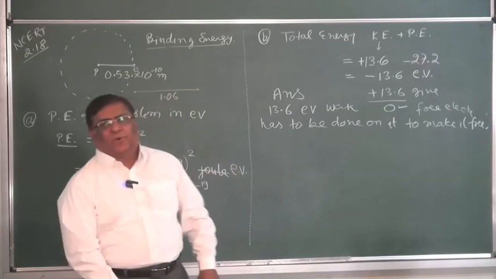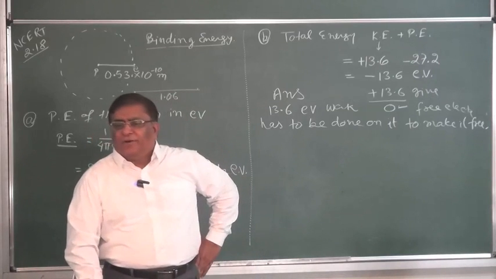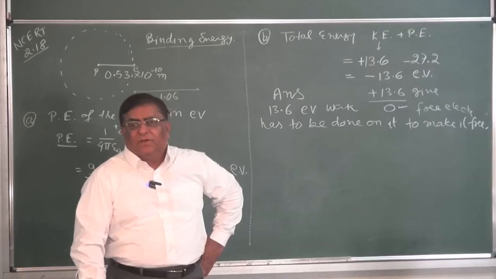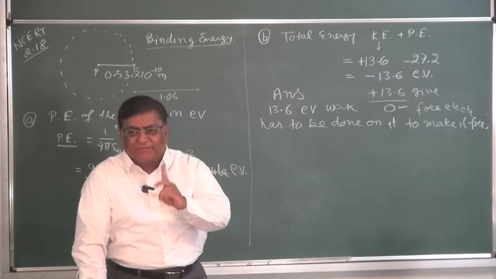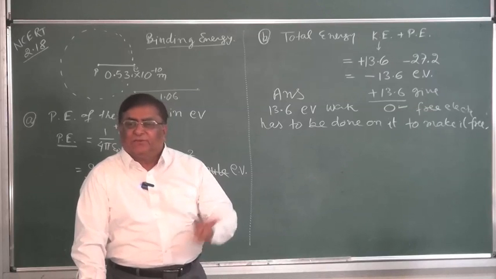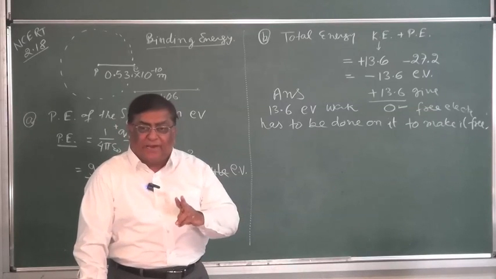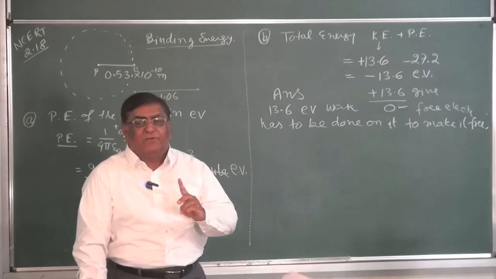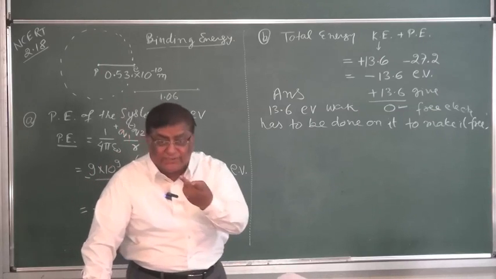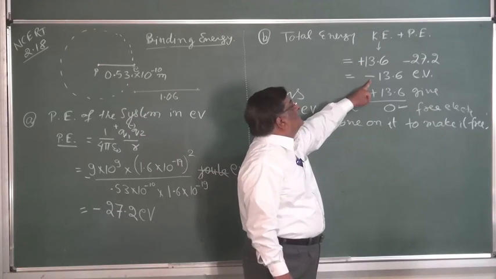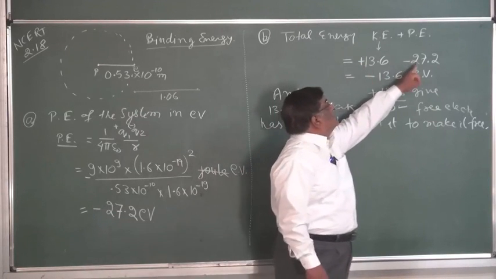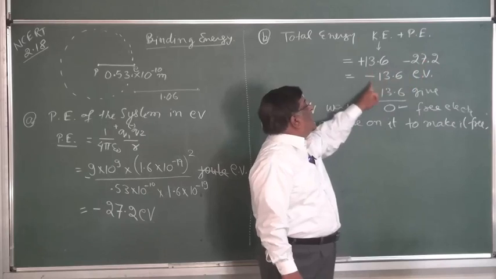Okay, so this is the process you should remember, and according to this process, you can find out potential energy. Half of that is kinetic energy, but the sign is plus. The total energy is always equal to kinetic energy, but opposite in sign. See, this is plus, this is minus, and this is potential energy. This is a strange relation.